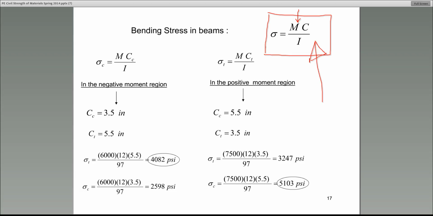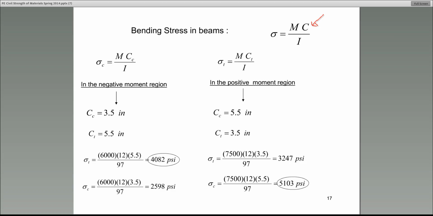Otherwise, if it's the maximum stress that you're calculating, it would be either the maximum positive moment or the maximum negative moment. The one thing I have not defined in this equation is c. So let's see if we can identify what this c value is. And this c value, guys, is the distance between the neutral axis to either the top or bottom.